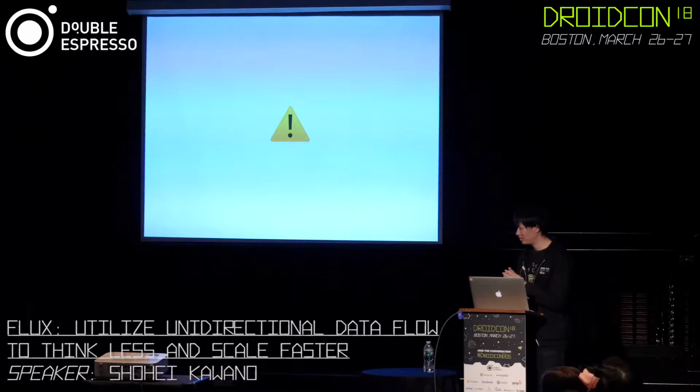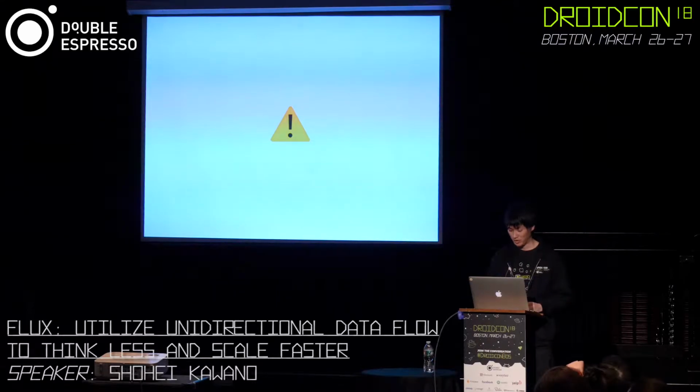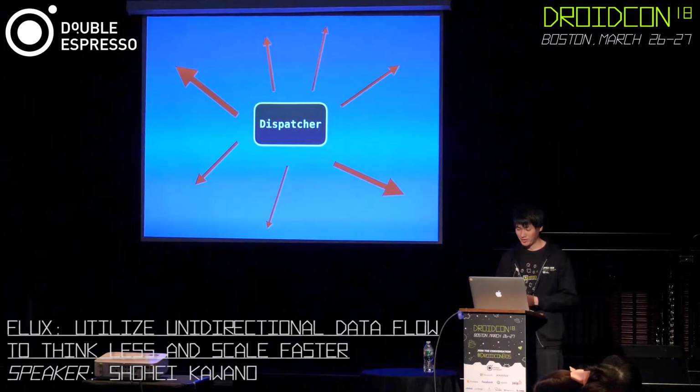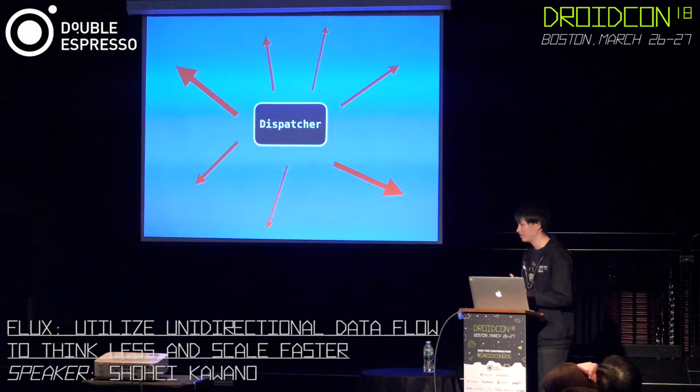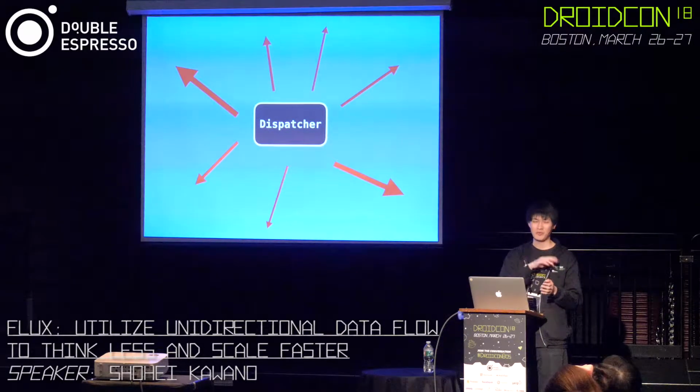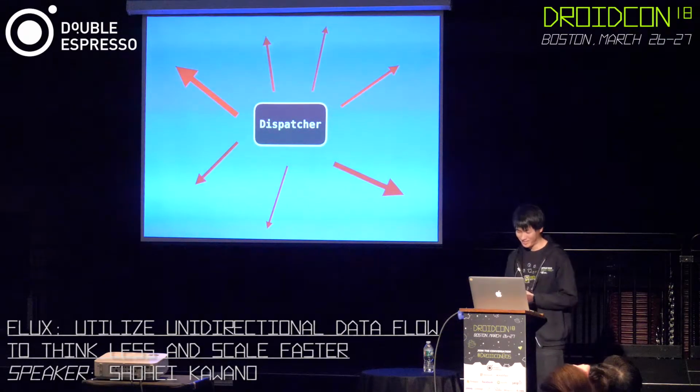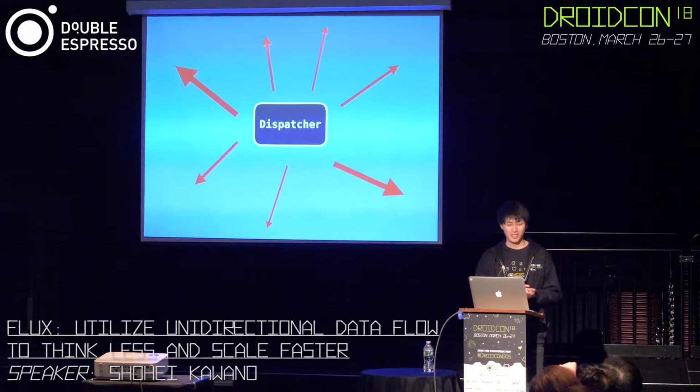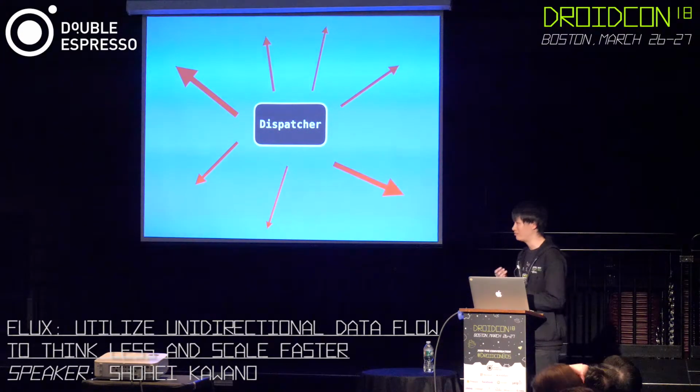Also, I talked about the great things about Flux, but there are some pitfalls and solutions for that, so I'm going to share that with you as well. The first one is the dispatcher, right? As Alice told in the previous session, an event bus or similar mechanism is kind of hated because it can be abused.